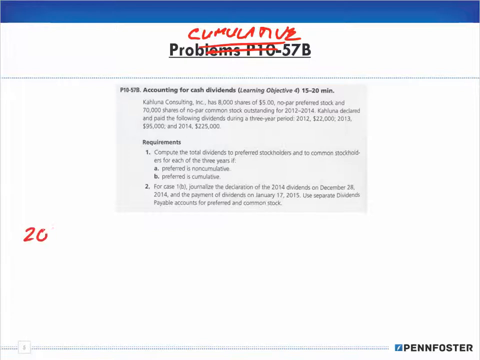All right, so for 2012, it's $22,000. I'm going to write owed here. In 2012, preferred is owed 40,000, and the dividend is 22,000. So the 22,000 is going to go against preferred.